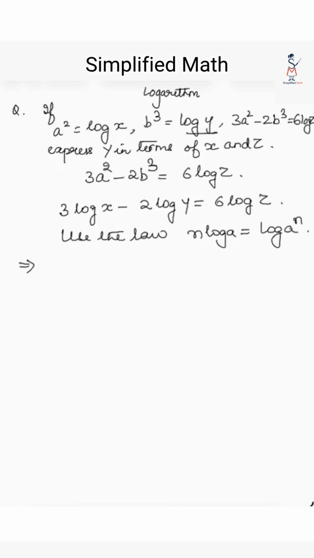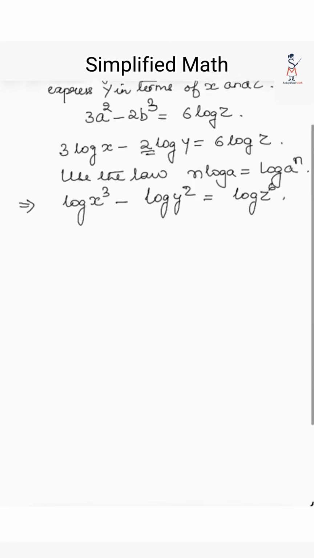So this will become log x cube, the 3 will go as a cube, minus log y square, 2 will go as a square of y, is equal to log z raised to the power 6.